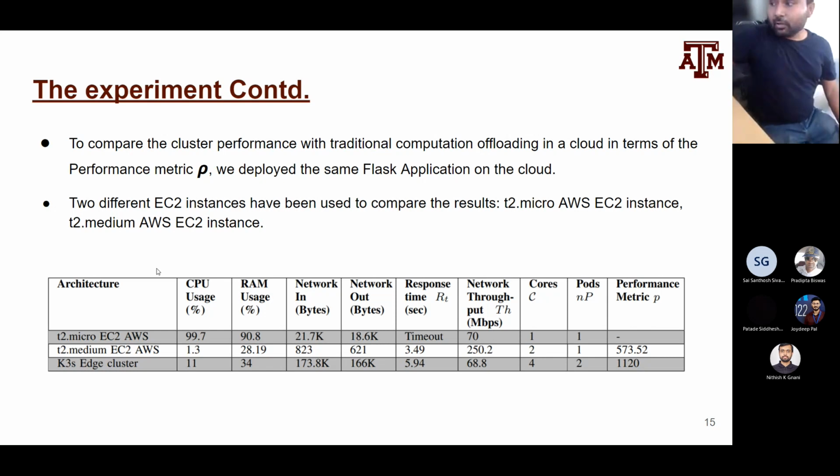So we got a very high performance metric, almost twice what we got from the AWS architectures. It's a traditional architecture where the computation is uploaded to the cloud, the cloud does all the processing and returns it back. And our architecture got twice the performance of traditional architectures.